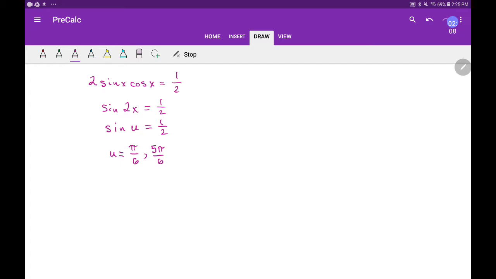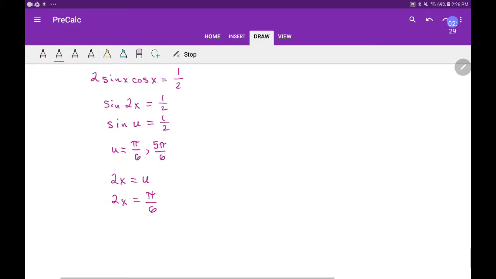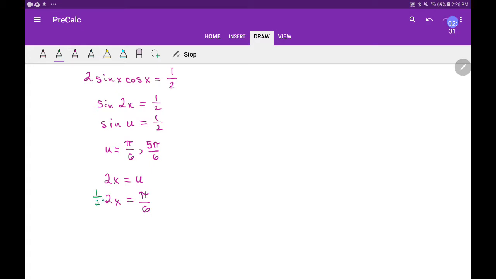And let's see, if I say that 2x is equal to u, and that was my substitution, then 2x is equal to pi over 6, and I multiply both sides by 1 over 2. And I'll say x is equal to pi over 12.